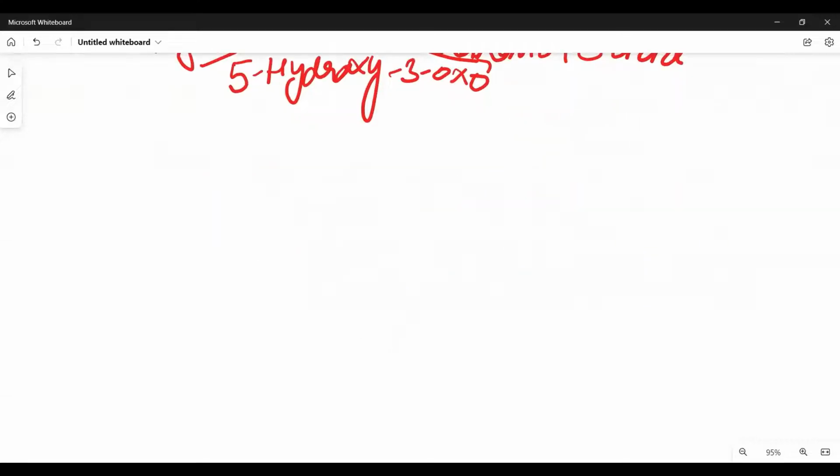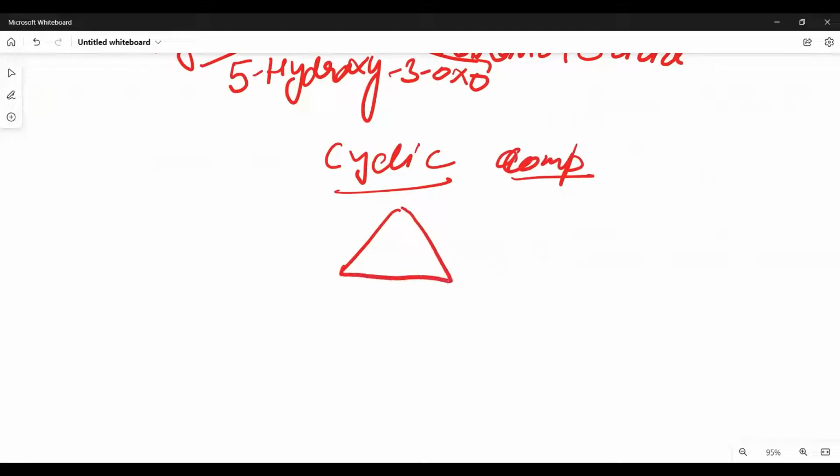Now we will consider cyclic compounds. Side by side, we will work on the cyclic compounds. Cyclic compounds like these. This is cyclopropane. Whenever we write a double bond, it will become cyclopropene. Now see, if the nomenclature is done in this cyclic compound, if an OH group is attached here, then the double bond and the OH group are both present.